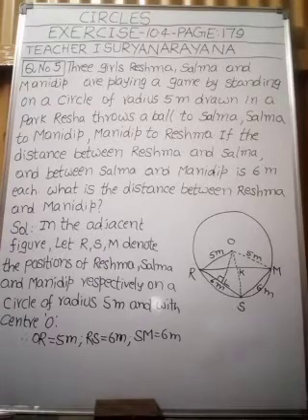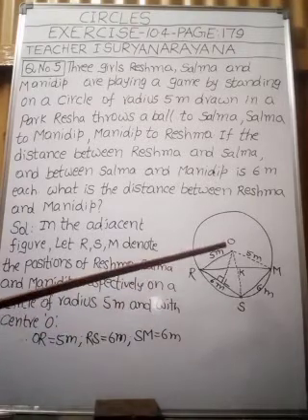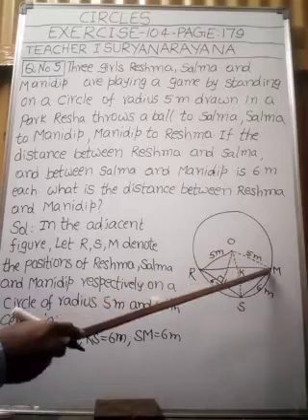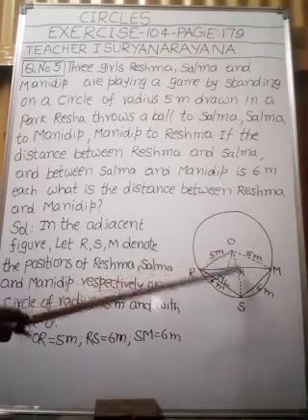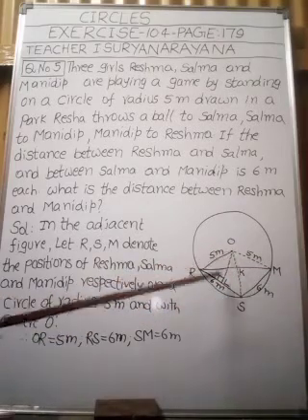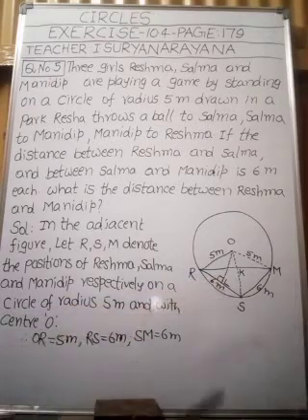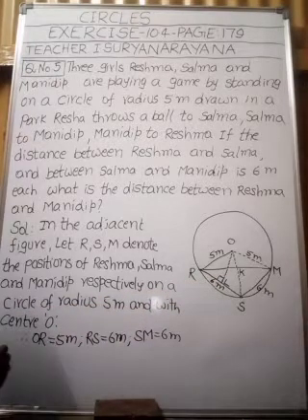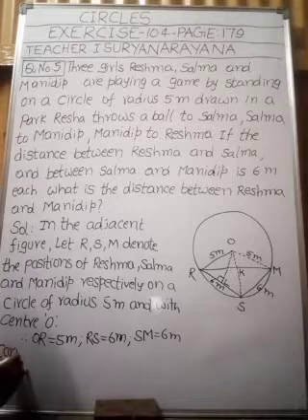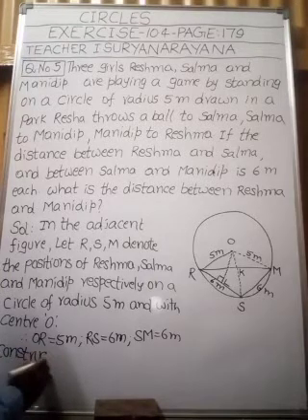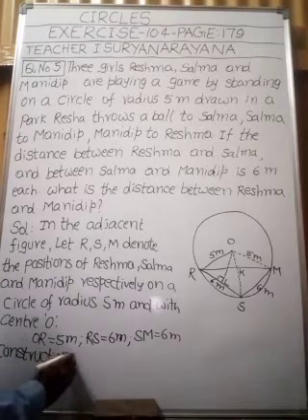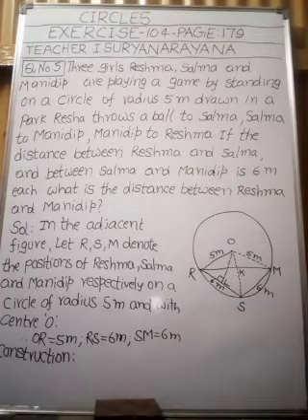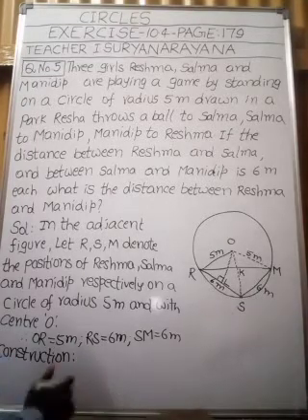To find this distance, let us make a construction. Let us join OM, OS, and draw a perpendicular line OL to RS. Okay, my children, this is the construction.